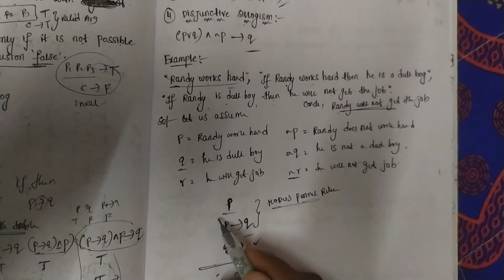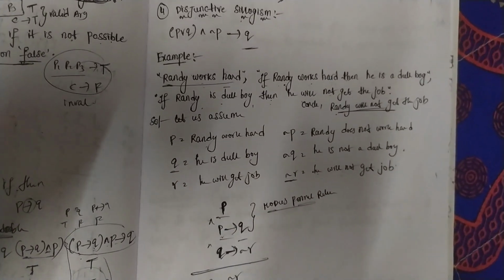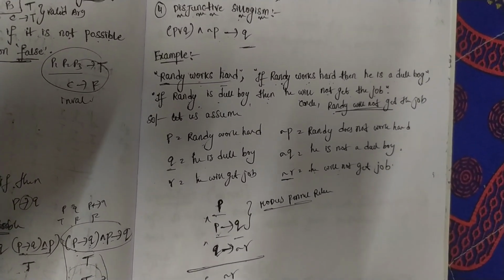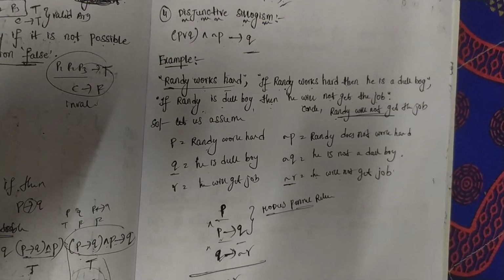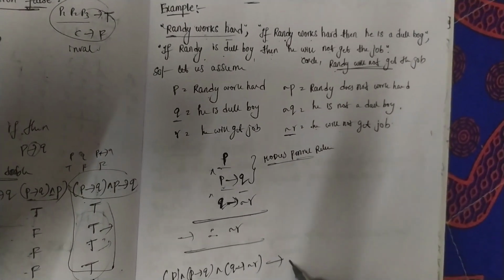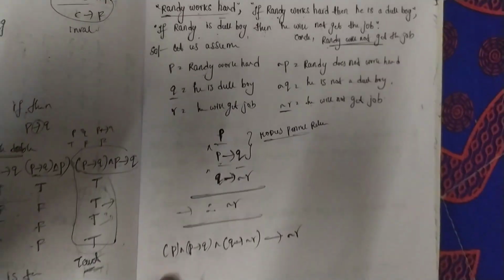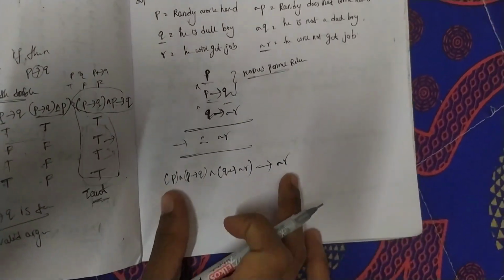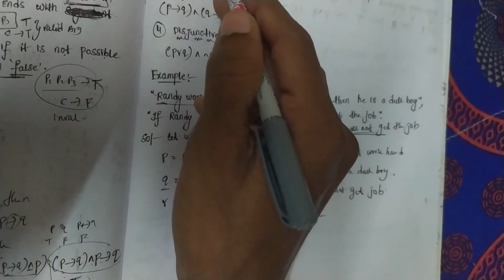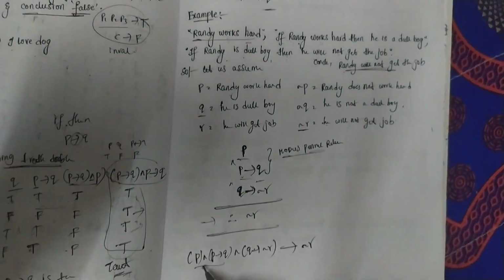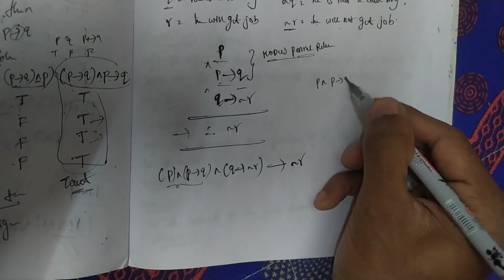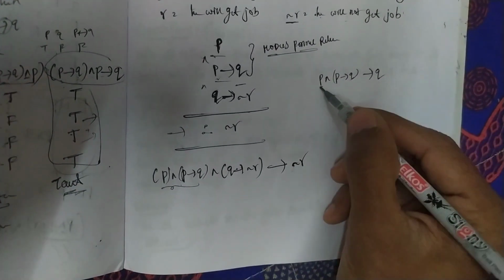In the premises we replace P and P implies Q, and Q implies negation R. In this place, according to the modus ponens rule, P and P implies Q, we replace with Q.